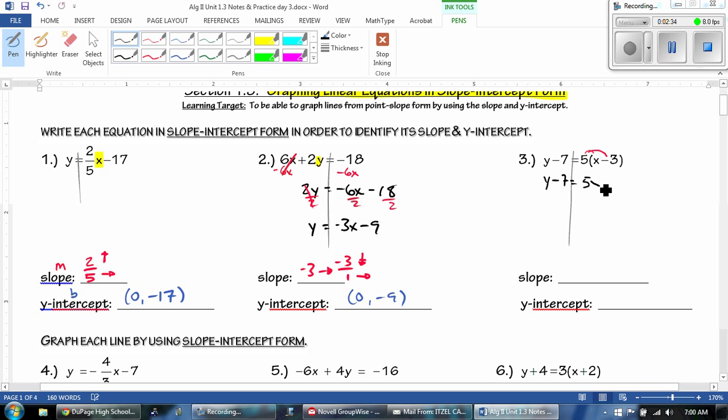This turns into 5x minus 15 after we distribute, and then add the 7 to both sides to get the y by itself. And we get y equals 5x minus 8. So my slope would be 5, or 5 over 1, meaning we go up 5 and to the right 1, and our y-intercept is 0, negative 8.